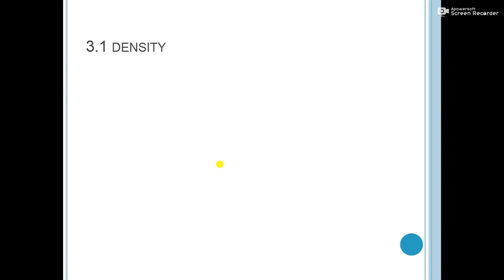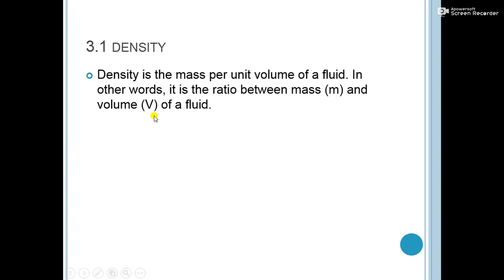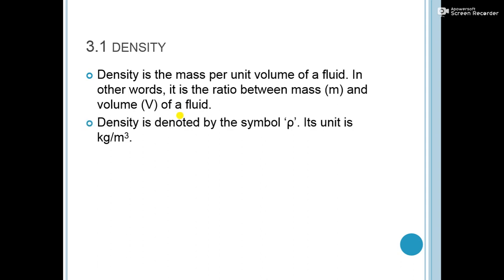Now let us understand density. Density is the ratio of mass to unit volume. In other words, the ratio between the mass and the volume is known as density of a fluid. It is denoted by rho and its unit is kilogram per meter cube.